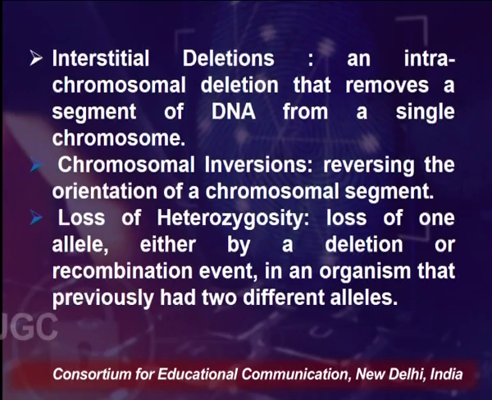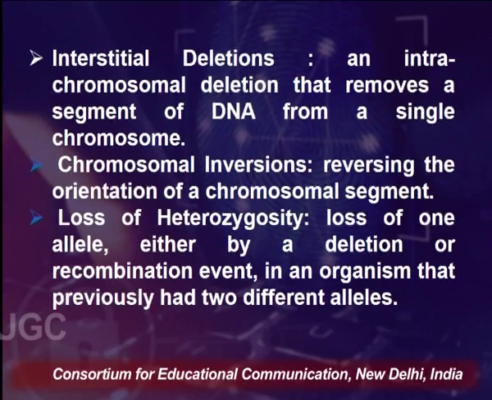It may lead to the loss of heterozygosity. That means loss of one allele either by a deletion or recombination event in an organism that previously had two different alleles. So, this loss of heterozygosity might lead to removal of one allele.